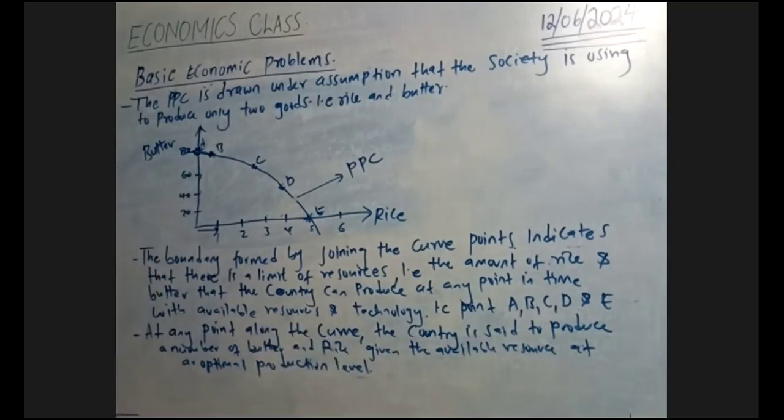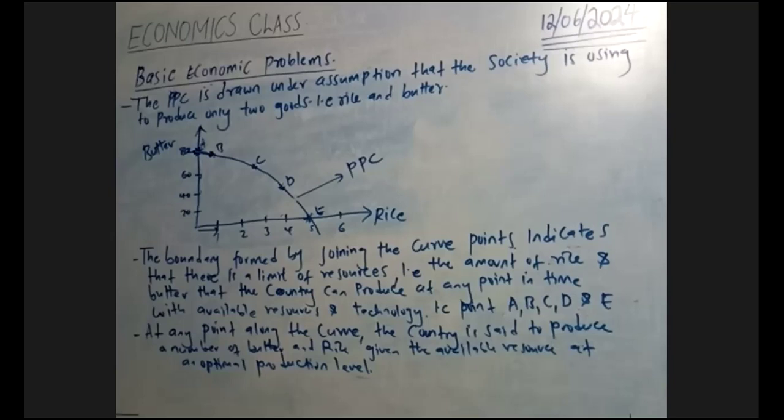So at any point along that curve, we can easily say that the country is producing the amount of butter and rice given a specific number of resources at an optimal production level.